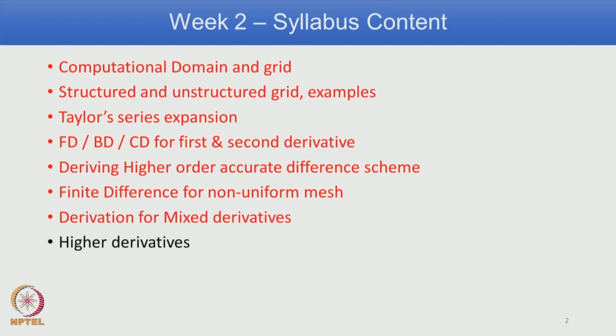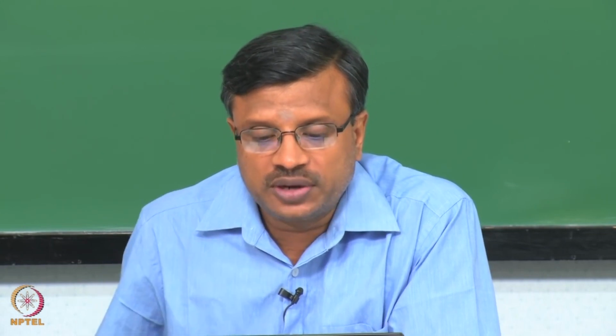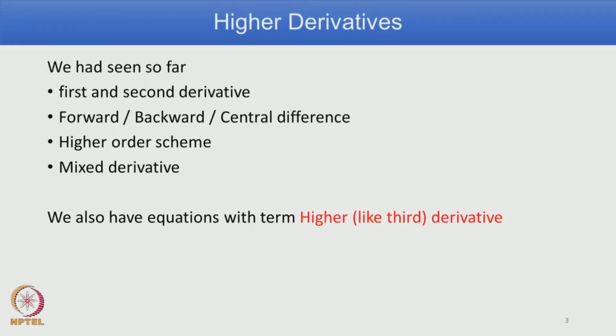Now in today's class we will particularly see how to get higher derivatives and get finite difference formula by another procedure, particularly the polynomial procedure. So, we have seen all this so far, and we also have equations with higher order terms.